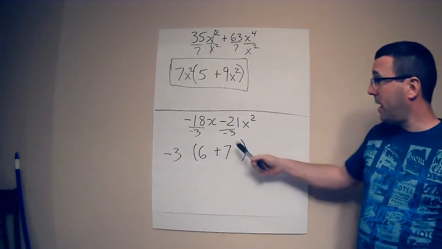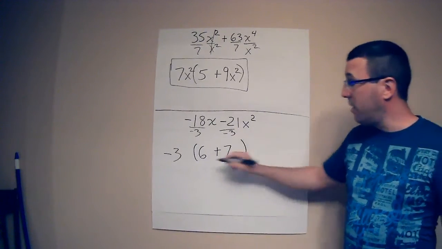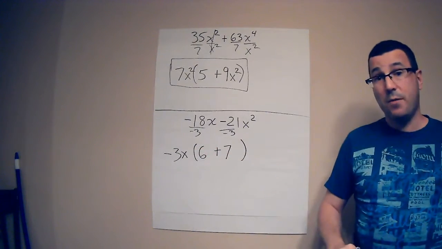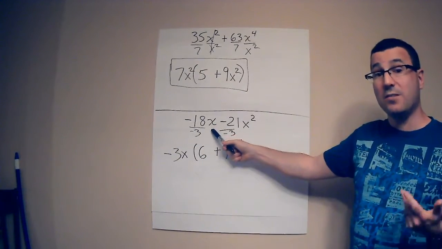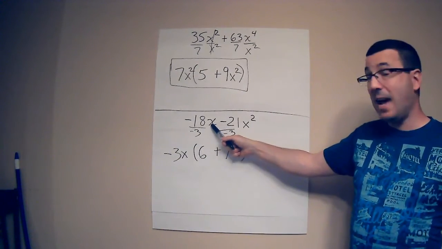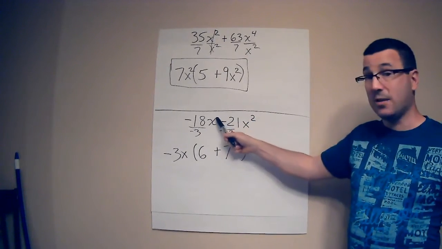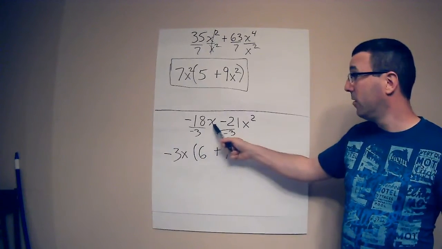So now I go back, I look at the variables. They each have an x, so I know that at the least I'm going to have a common factor of x. And I have to look and say, well, which one has the smaller exponent? X or x to the second? Remember, that's a 1. So that's the smaller exponent.